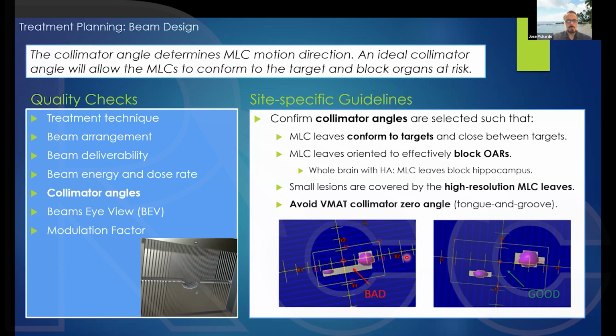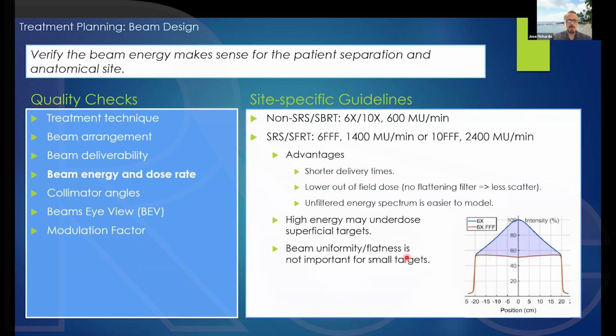Yeah, I mean, if you're treating lesions that are superficial, 6X, 6 FFF should be sufficient. If they're deep, you might get a better plan with 10 FFF. So to me, that would be the consideration for deciding which one to use.